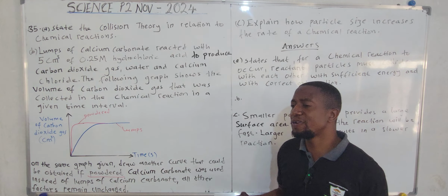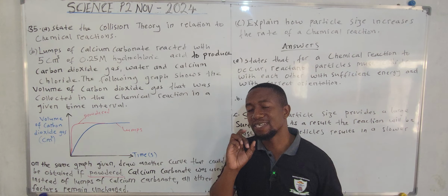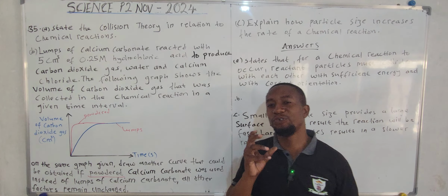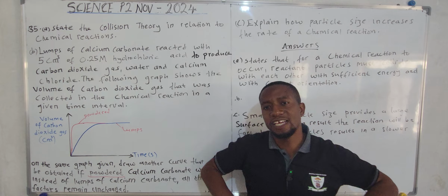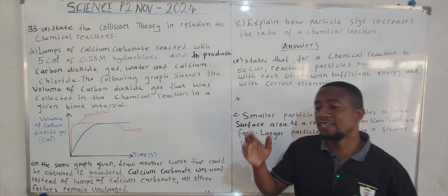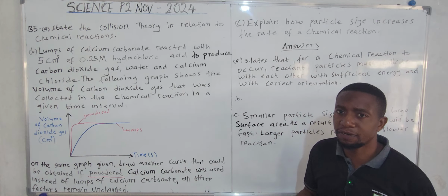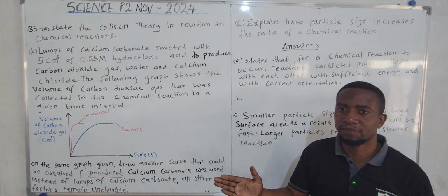That's why even during digestion, that's the reason why we chew, we masticate, we crush the food into smaller pieces, then we swallow so that digestion can take place. So smaller particle size provides a large surface area for the reaction. As a result, the reaction will be fast.